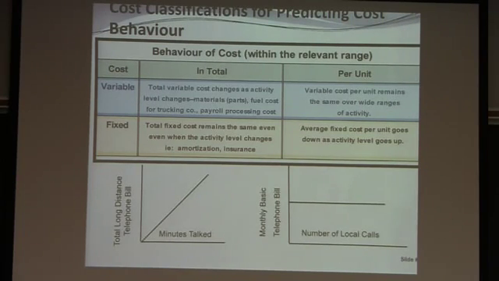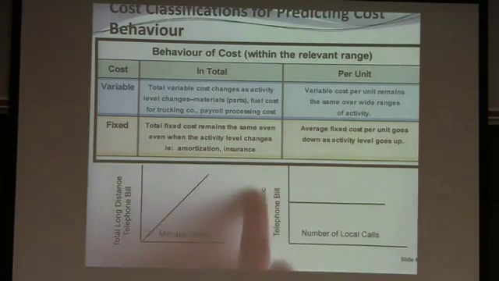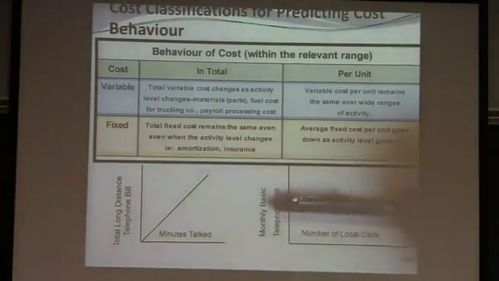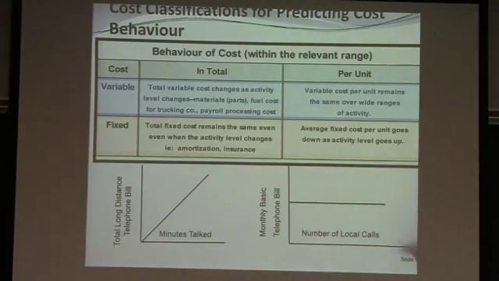So my cell phone has a combination of fixed and variable cost. Fixed cost is the basic monthly phone bill, and it doesn't matter how many calls I receive or make, the cost will be flat, the same regardless of the number of calls.